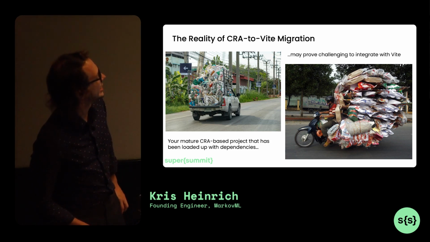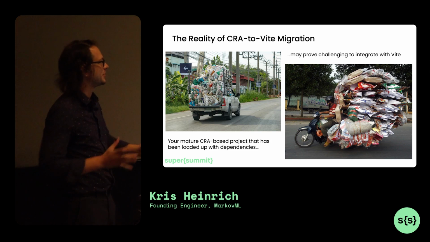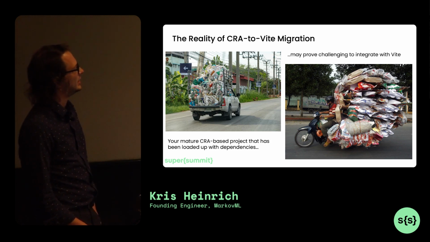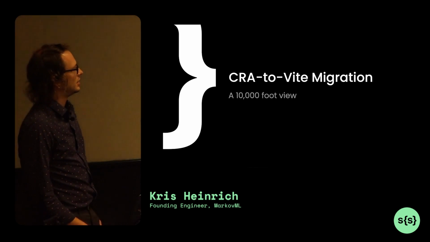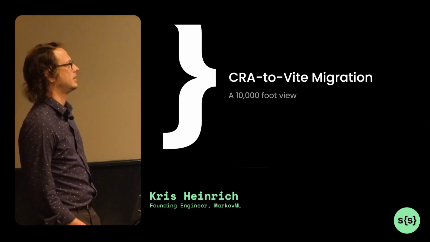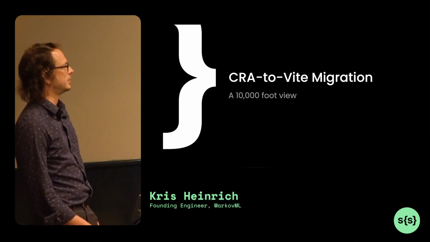There's a lot of finagling you have to do to get everything working well together. And we'll explore that a little bit more. Let's talk about the high-level picture of migrating to Vite from a Create React App-based project.